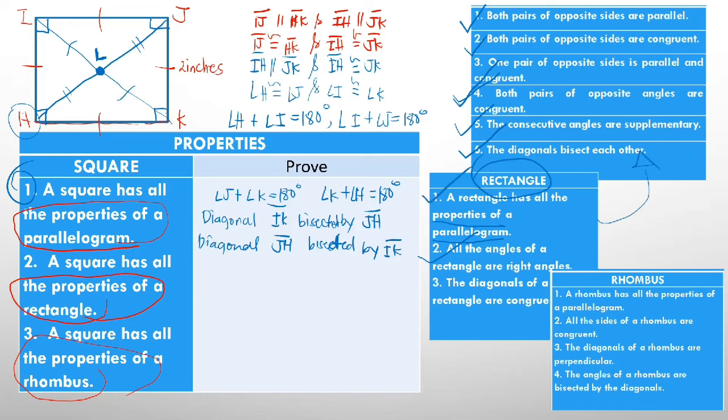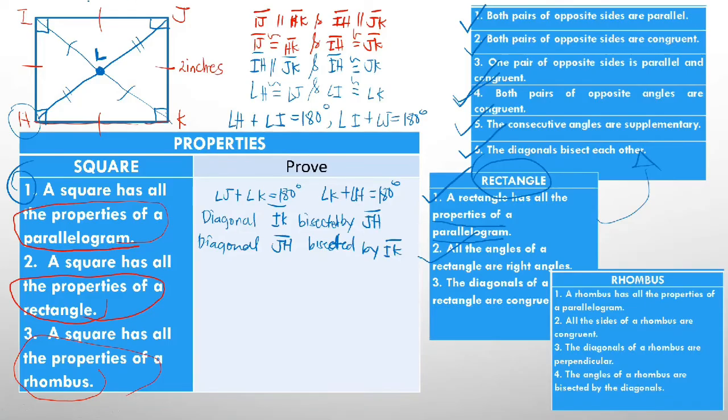And the third property is, the diagonals of our rectangle are congruent. Okay? So, ibig sabihin, yung diagonal ng rectangle natin ay congruent sila. So, ibig sabihin, yung diagonal IK natin is equal to diagonal JH natin.